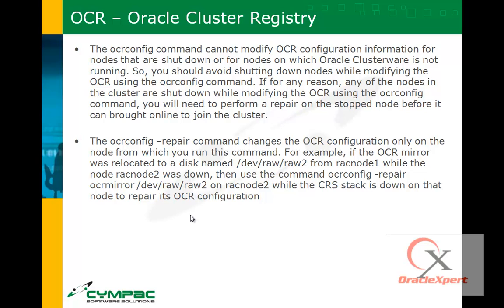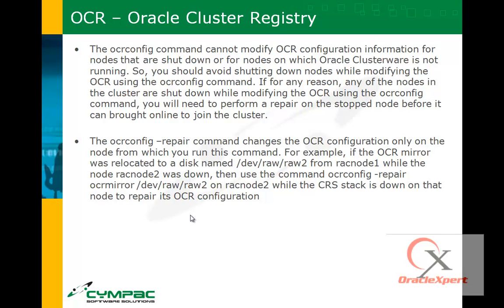The ocrconfig repair command changes the OCR configuration only on the node on which you run the command. Remember, it will only change it on the node where you are typing the command.